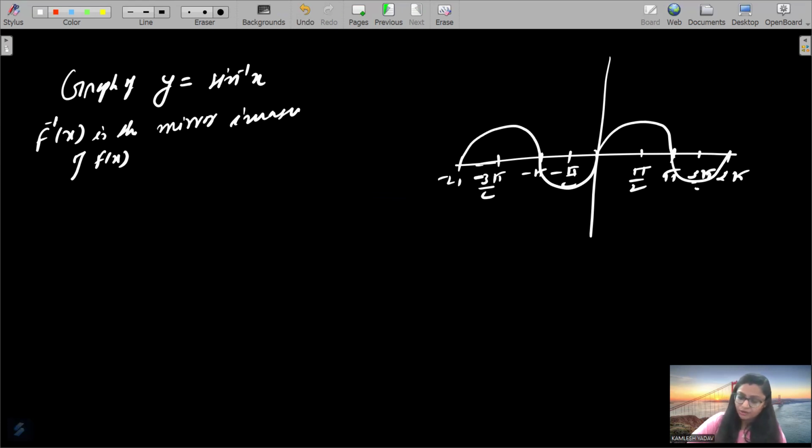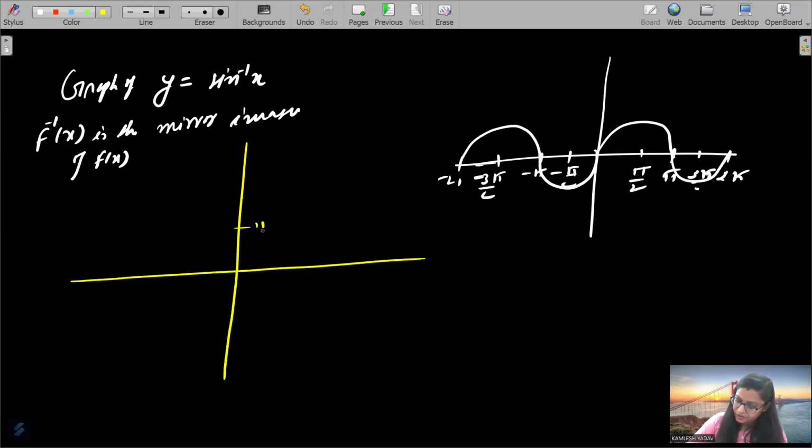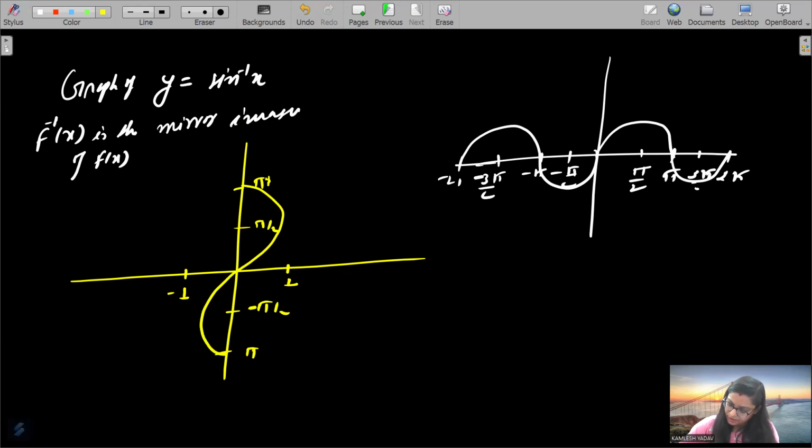It is the mirror image of this function, drawn like this, with points pi/2, pi, -pi/2. This point is 1 and this point is -1.